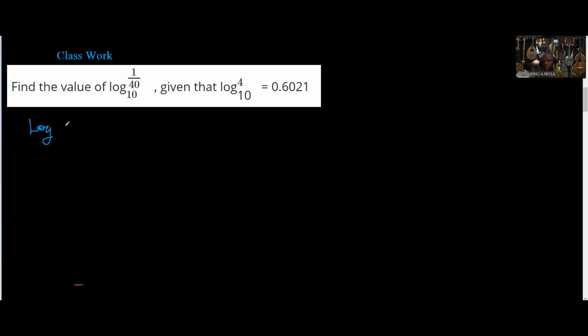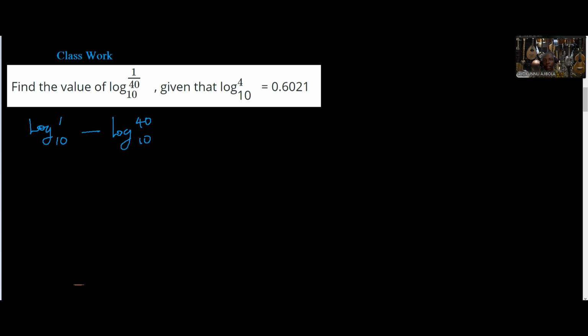So we can say log 1 base 10 minus log 40 base 10. Since there is a division here, it means minus in logarithm. So with this, we know that anything raised to power 0 is 1, right? Yes, sir. Good.